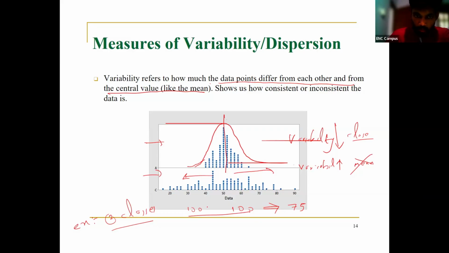But in the first class, there are many students whose values are between 40 and 50, and there are many students whose values are between 90 and 100. But when we calculate the mean, it says 75.